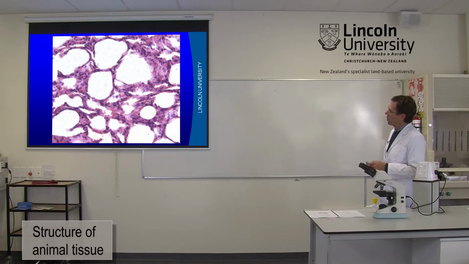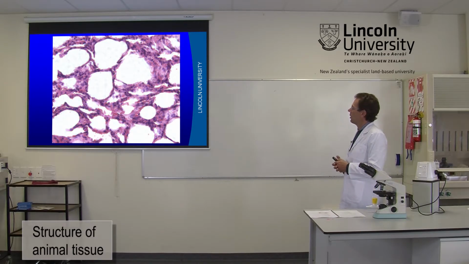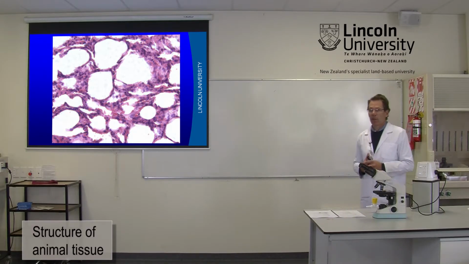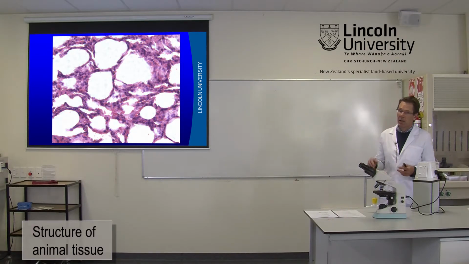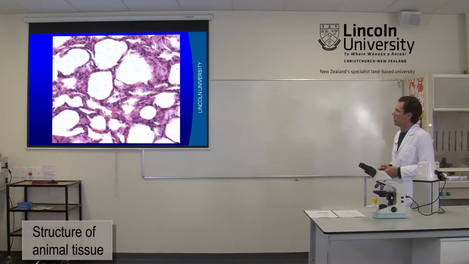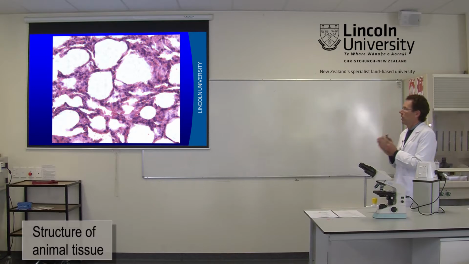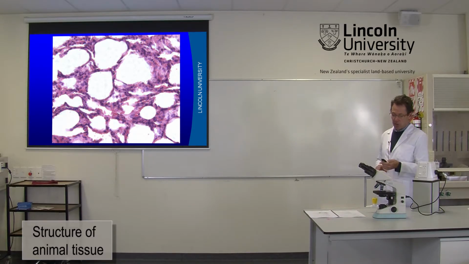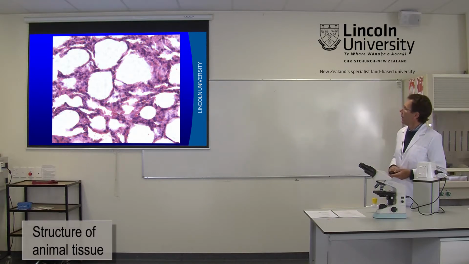So there'll be more oxygen in the air in these little air sacs than there is in the blood, so the oxygen will diffuse into the blood, and there'll be more carbon dioxide in these little capillaries than there is in the air here, so the carbon dioxide will diffuse into the air. And that's how your lungs function. You get the air close to the blood and allow the gases to diffuse down their concentration gradients. And it's all taking place in these tiny little air pockets called alveoli.